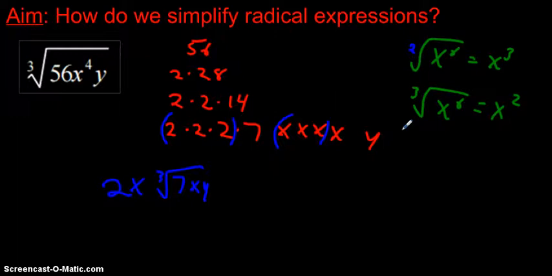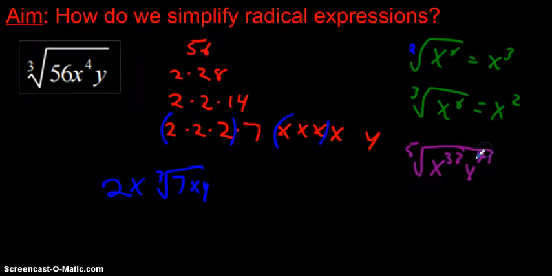So let's just make up a random example. Let's say we wanted to look at the 5th root of x to the 33rd, y to the 91st.